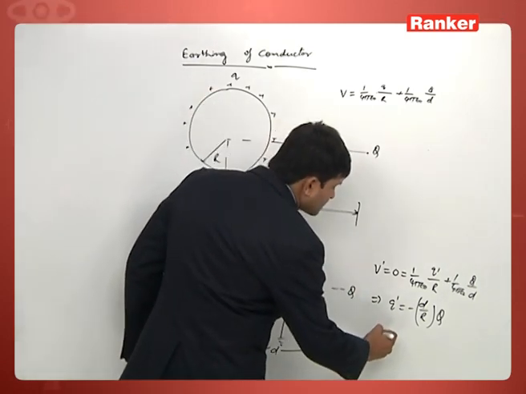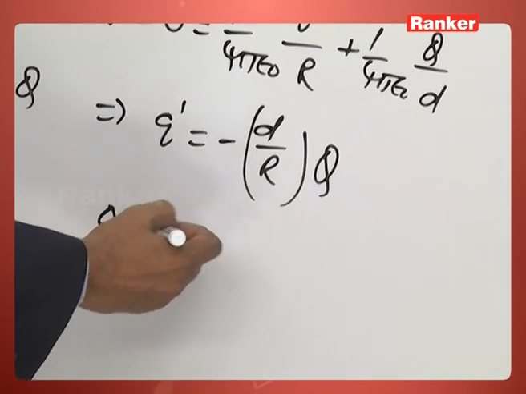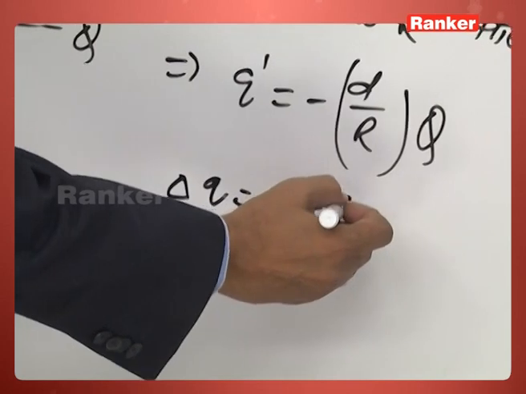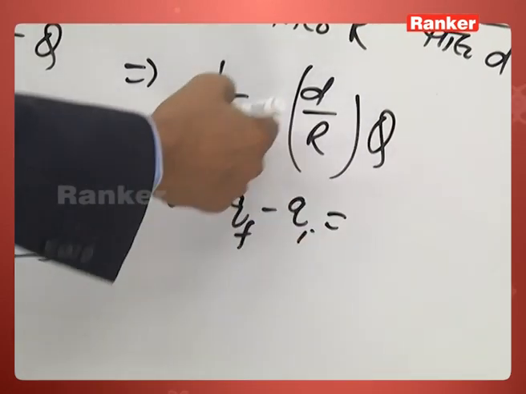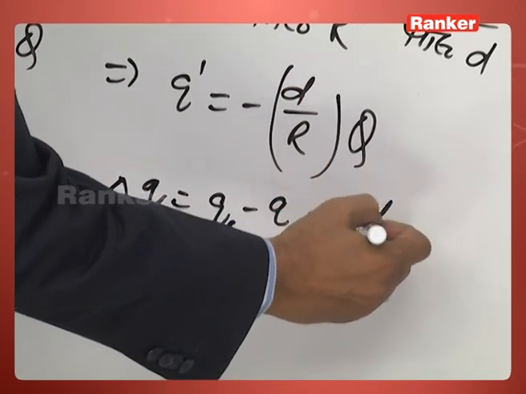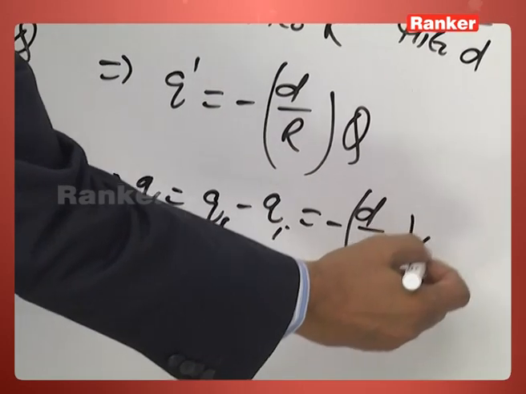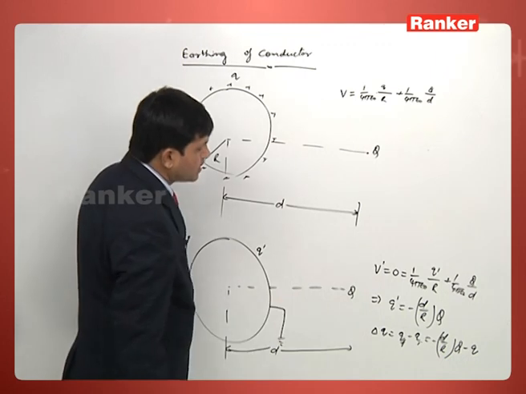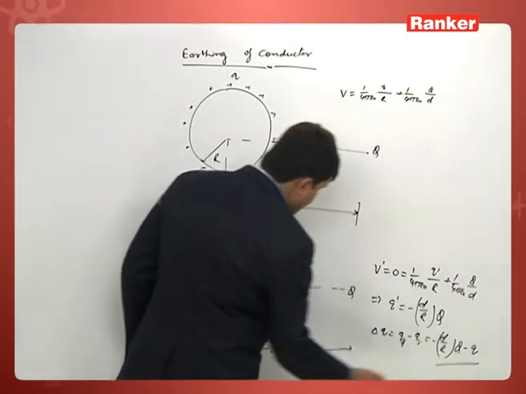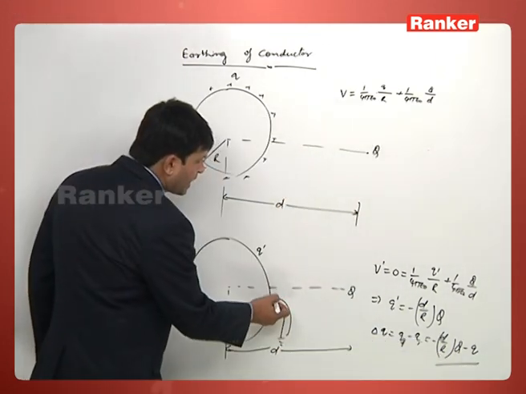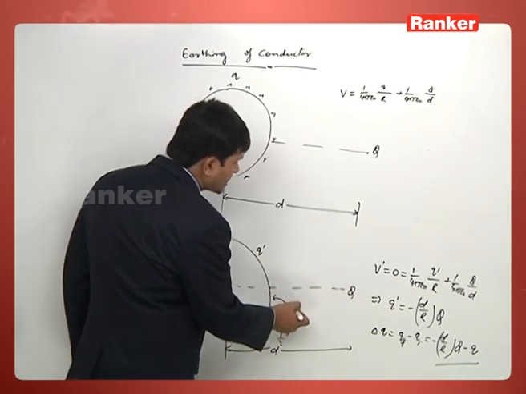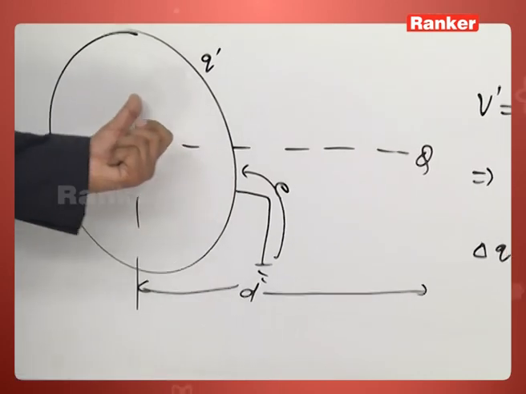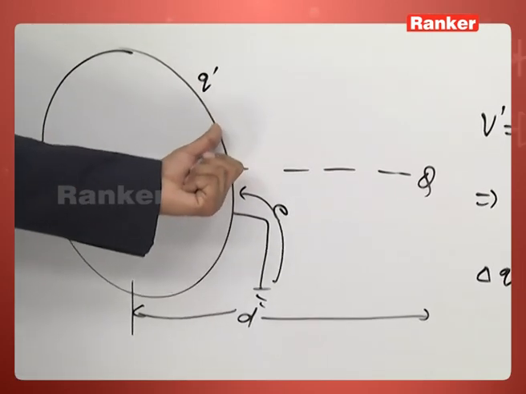The flow of charge means delta q, final charge minus initial charge. The final charge is minus D by R into Q, and minus q, where q was the initial charge. So this much charge has come from earth, which means this many electrons have come from earth to this conductor to make the potential of the surface 0.